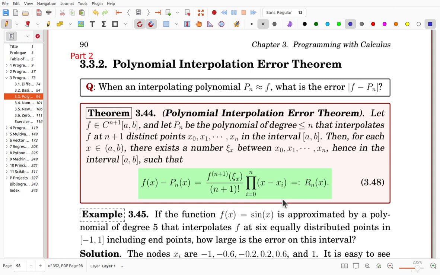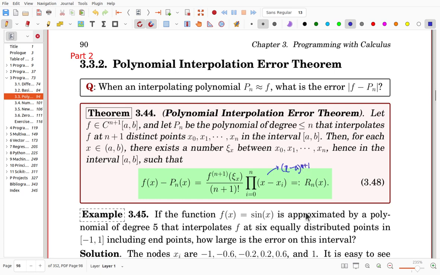This theorem can be compared with the Taylor theorem. In Taylor theorem, the Lagrange remainder is given along with x minus a to the n plus 1. So rather than this product, in Taylor theorem, you'll see x minus a to the n plus 1.